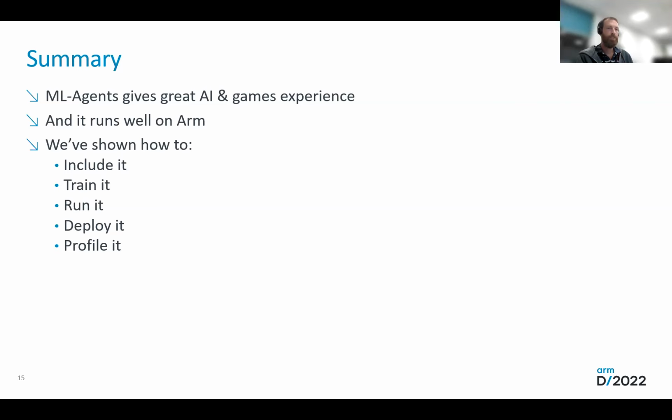So, ML Agents gives great game AI and great game experience, a really good opponent to fight against, or whatever AI you want. It runs very well on ARM. So we just deployed it to Android. It's a workload that runs very well with us.